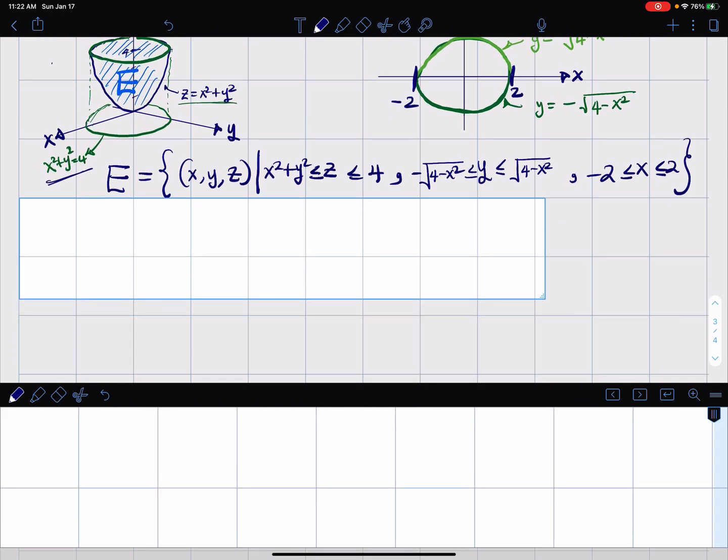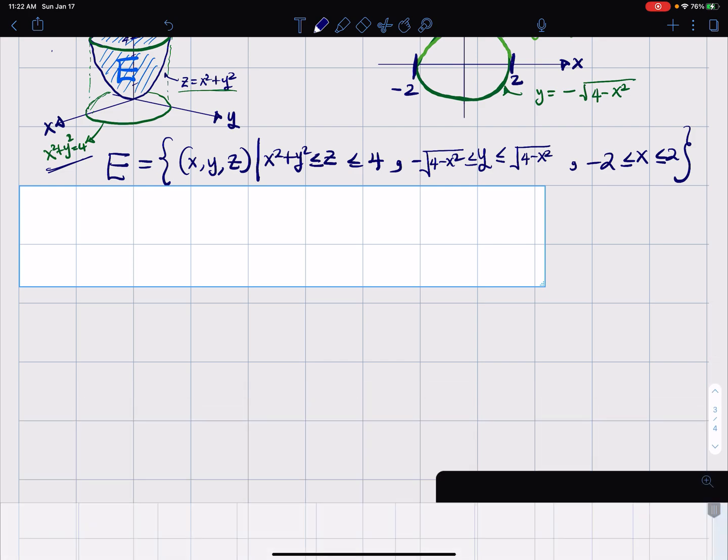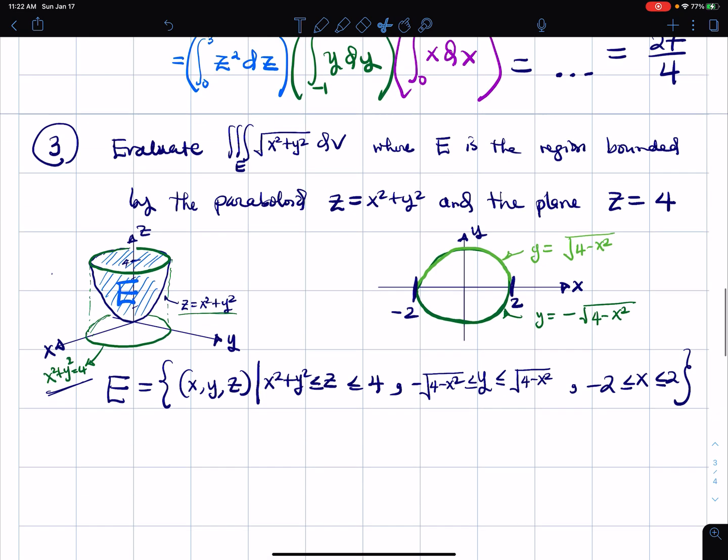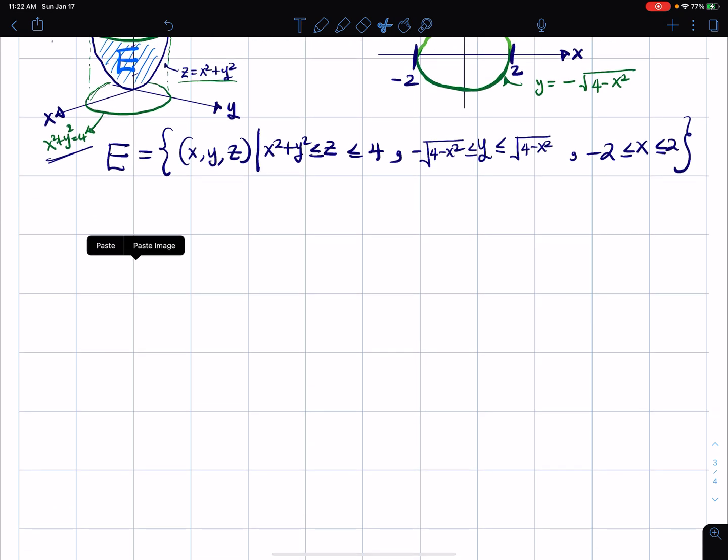Okay? Now, our integral that we're dealing with, this marvelously looking integral, can now be fully explained.